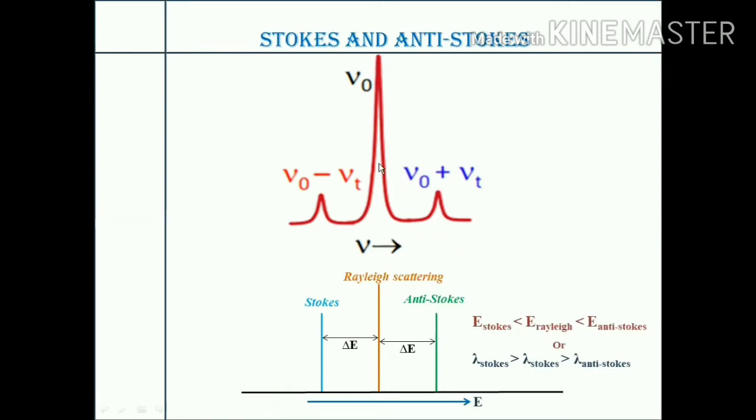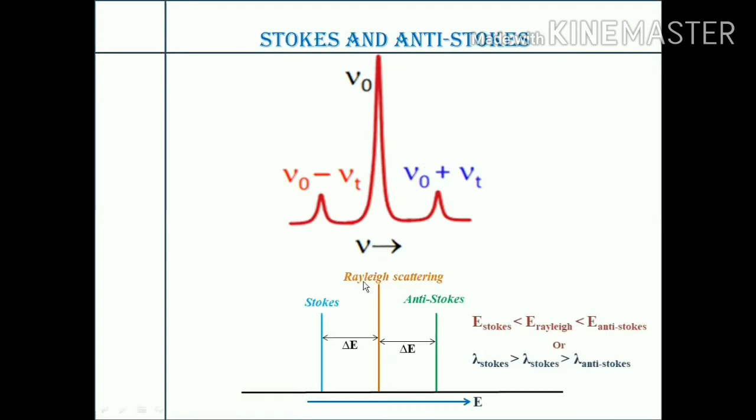The central peak represents the Rayleigh scattering. To the left of the Rayleigh scattering was the Stokes line. If you remember, its frequency is lesser than that of the Rayleigh scattering. And to the right of Rayleigh scattering lies the anti-Stokes line, wherein the frequency is greater than that of the Rayleigh scattering.